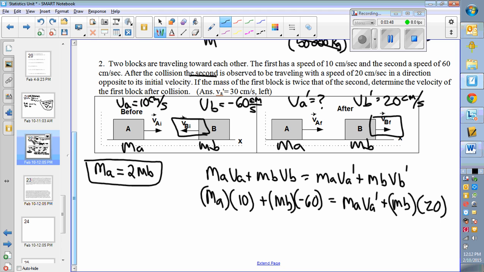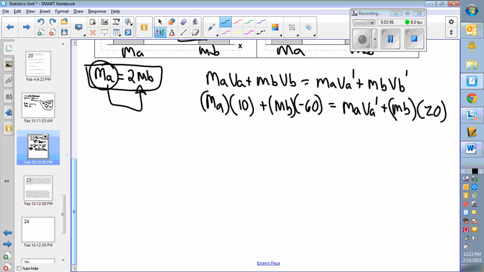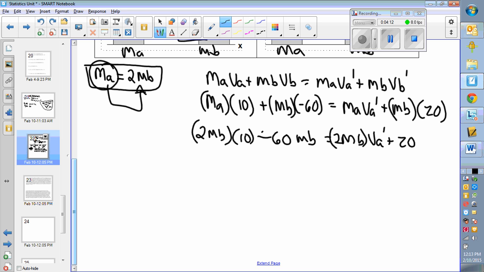Okay, but now there's a whole bunch of MAs and MBs. Everywhere I see MA, I'm going to put 2 MB because they are indeed equal to each other. So this is 2 MB times 10. This is minus 60 MB. This is 2 MB VA prime. And this is 20 MB.